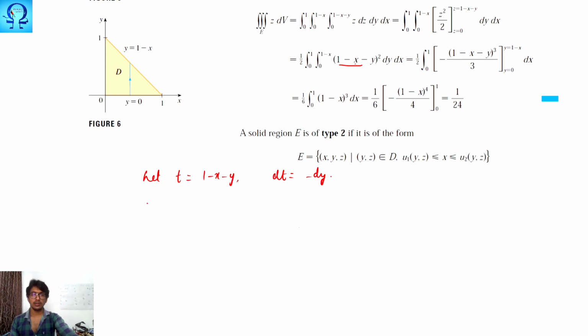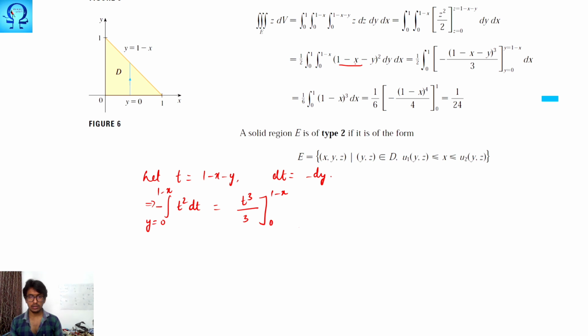Fine. Therefore, my integral from 0 to 1 minus x, this is for y. So this one I am writing as t squared, so dy I'll have to replace with dt. So it is minus dt. So it is t cube upon 3 over this limit.